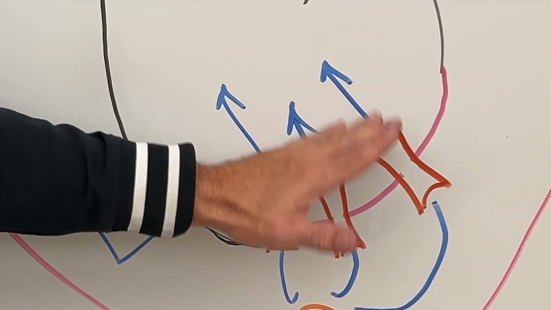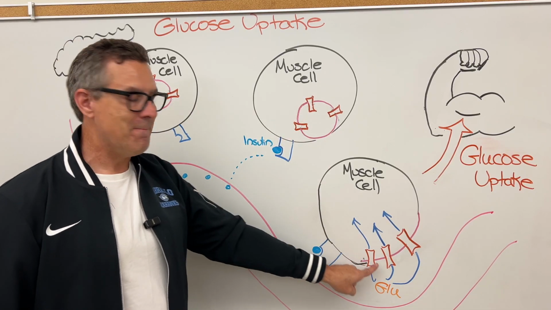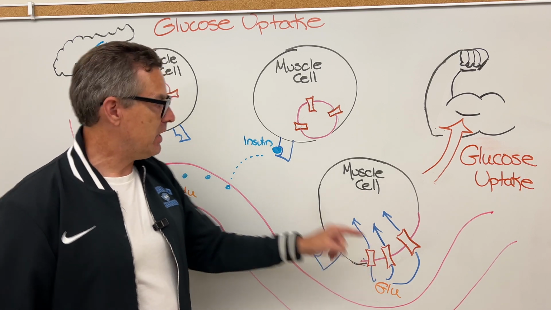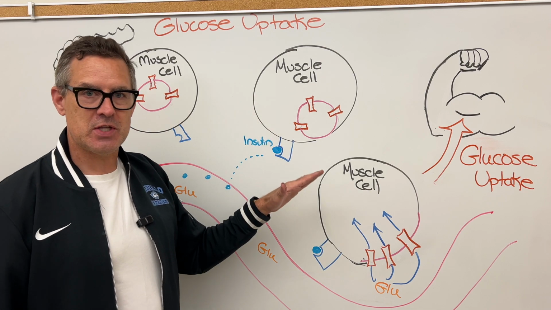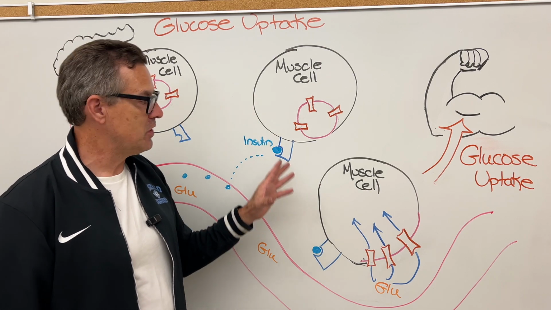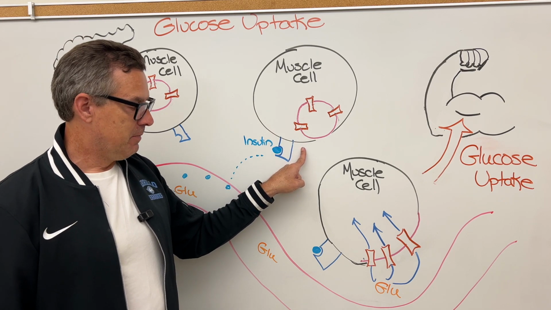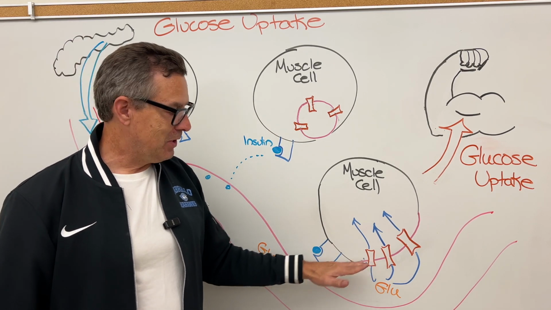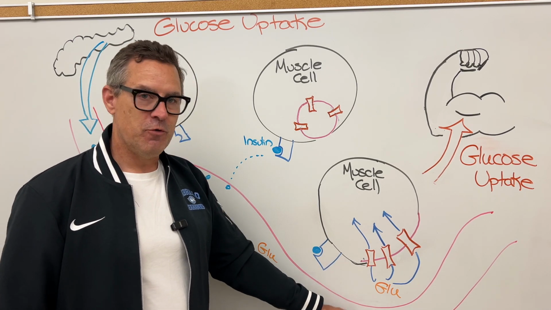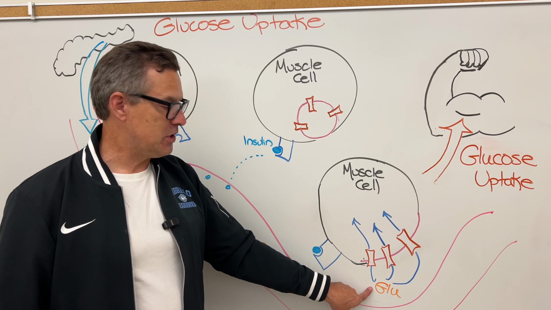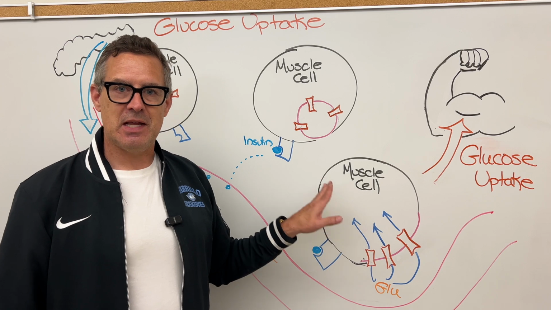They have fused together. And by doing so, these glucose channels remain in this membrane. So we didn't lose the glucose channels when exocytosis happened. We didn't lose the glucose channels when the pink membrane fused with the black membrane. So now the glucose channels are in place, and that allows glucose to move from the blood into this interstitial space directly into the cell via facilitated diffusion.